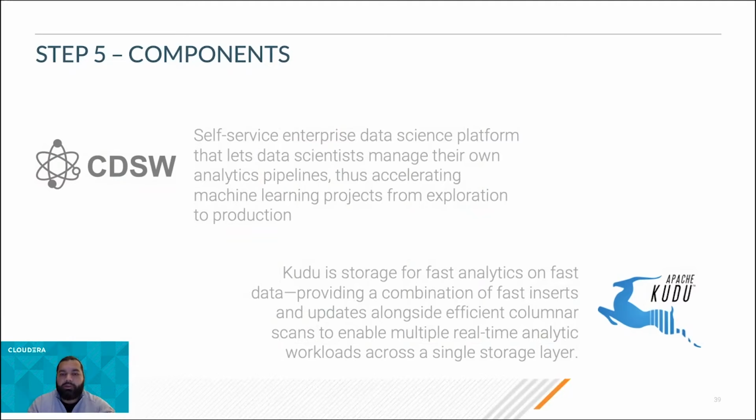The other component is Apache Kudu, a storage layer for fast analytics on fast data. As we are working with IoT data, it is the best candidate to store the data.